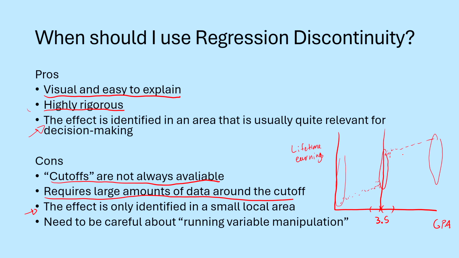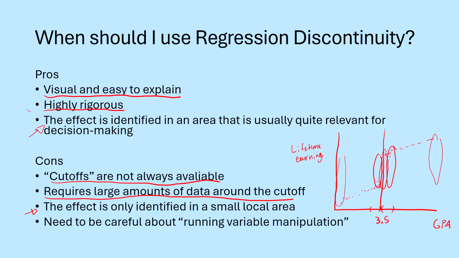The reason that's perhaps the most useful place to find the treatment effect is that right there, the 3.5, is the treatment effect at the person who is marginally qualifying for this scholarship. And we could imagine that the treatment effect is likely going to be quite similar if we move slightly to the left or slightly to the right.